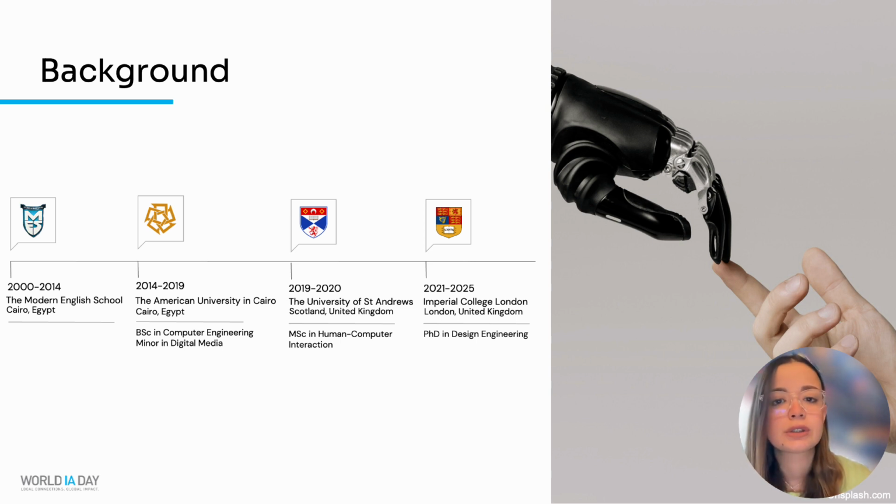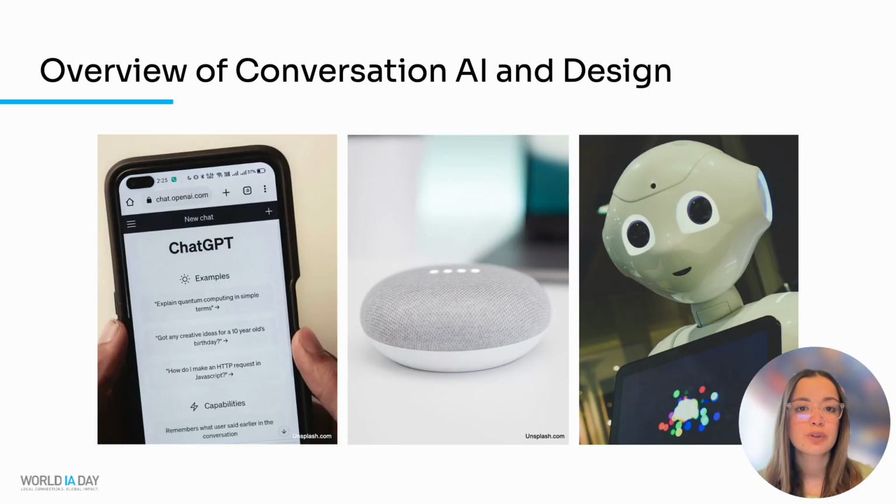And as I mentioned earlier, now my PhD looks specifically at conversational AI and how that's built and designed and how we can do that in better ways. So conversational AI is a term that's used for any technology that basically has a conversation with you. So this can be things like chatbots, such as ChatGPT, or many companies have on their websites a chatbot that can help you with stuff. Smart speakers like Alexa, like Google Home, intelligent agents on robots.